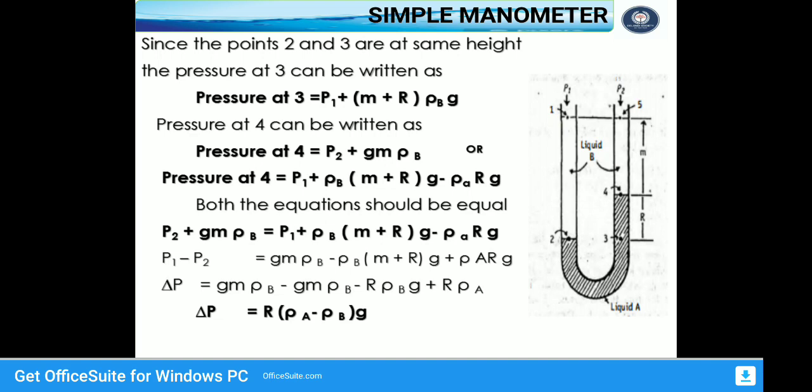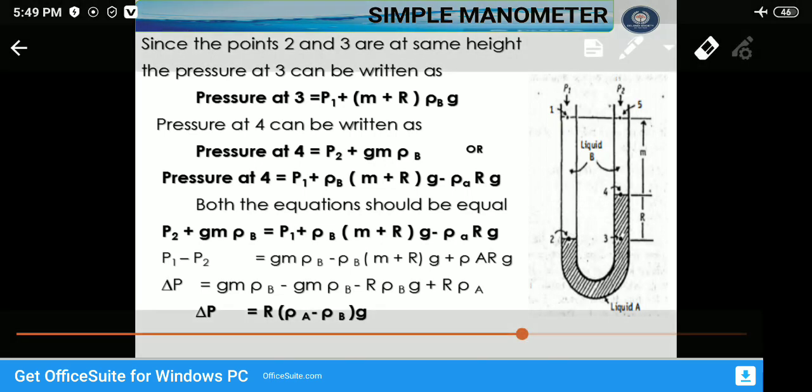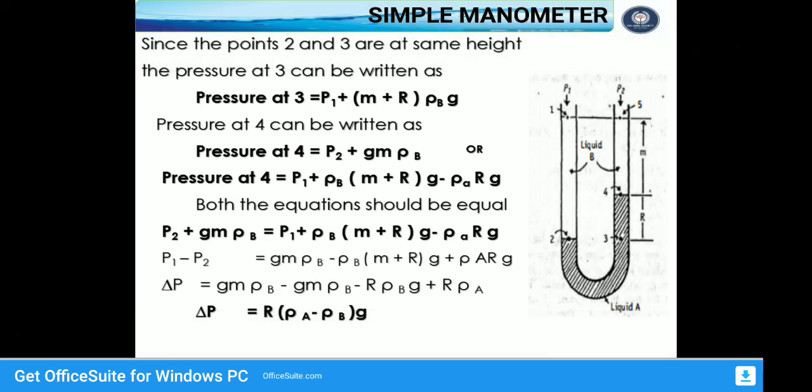Both the equations should be equal. Therefore, P2 plus G m rho B is equal to P1 plus rho B into (M plus R) into G minus rho A R g. Therefore, by rearranging this equation, P1 minus P2 is equal to G m rho B minus rho B into (M plus R) into G plus rho A R g.